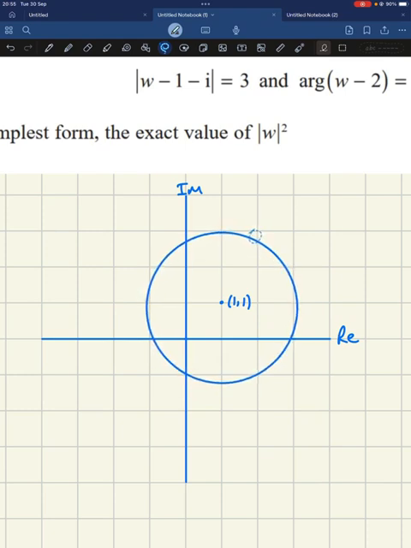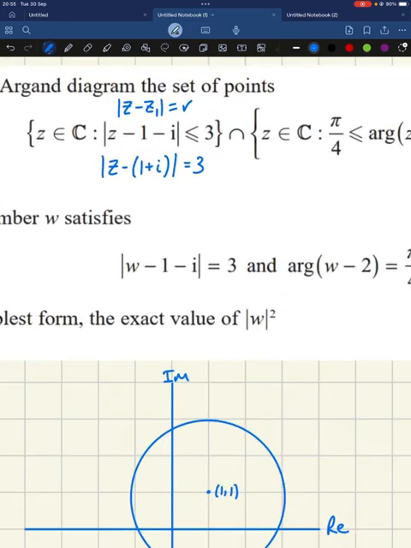Let's center that properly on 1, 1. So it's got a radius of 3. This is going 3 vertical, so this is going to be the point 1, 4. And vertically down, this will be the point 1, minus 2. Okay, so we have drawn that.